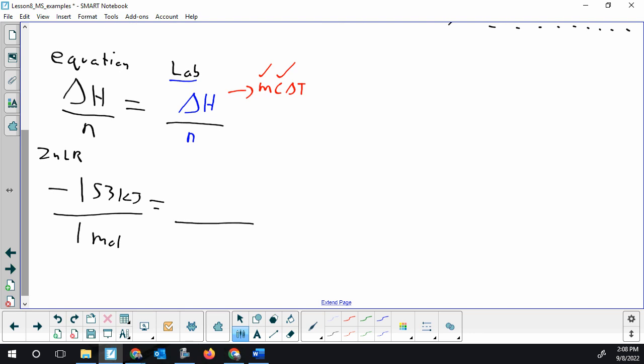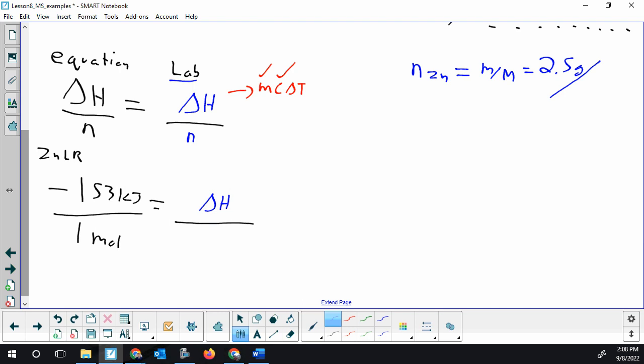Delta H, the energy released in the experiment, we're not sure. But we know there's 2.5 grams of zinc that cause that blue delta H, so we can get moles. Moles of zinc, mass, divide by molar mass, 2.5 grams, divide by, there's just 1 zinc in elemental zinc.